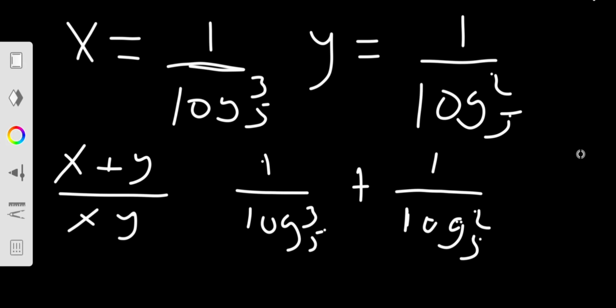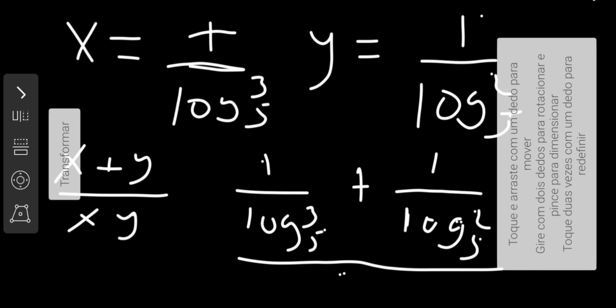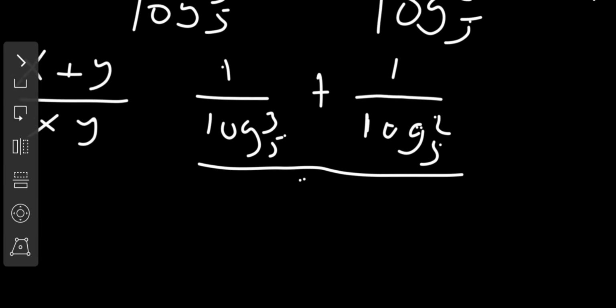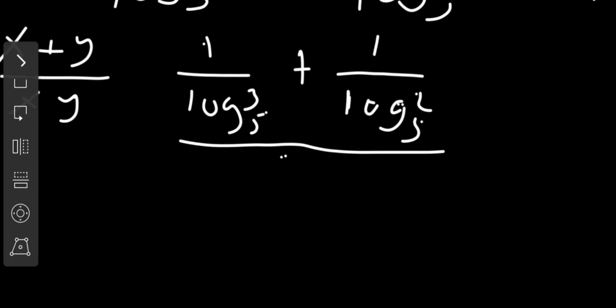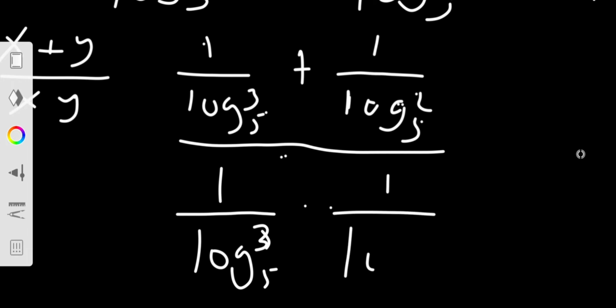So log of 5, and this is divided by this and this, but I'm not going to put them yet, or yeah, let's put them already. It's weird to write over here. So 1 divided by log of 3 in the base of 5 multiplied by 1 divided by log of 2 in the base of 5.